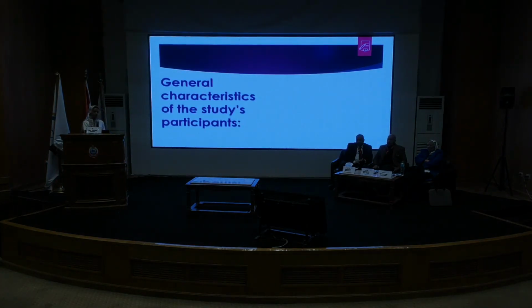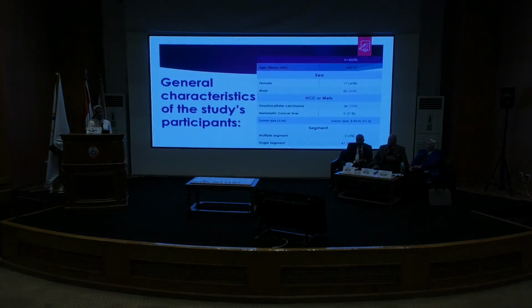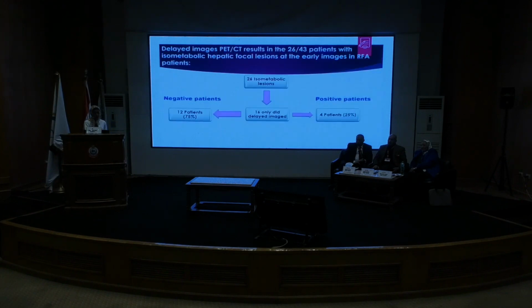When it comes to the results, regarding the general characteristics of the study's participants, the mean age was 60 years old. There was a male predominance, 60% of the sample were males. HCC was the dominant pathology, with 80% of the patients having HCC, and 95% of the patients had single segment involvement.